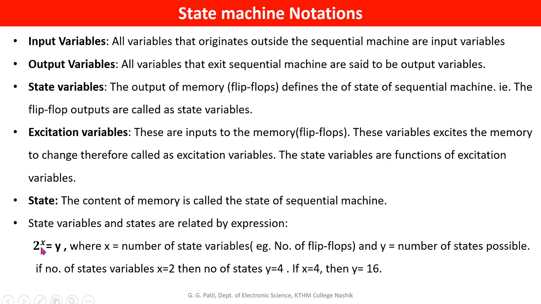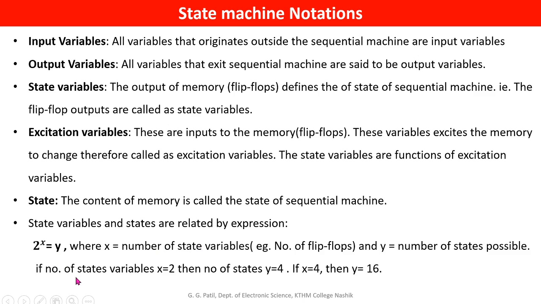The relation is 2 raised to x equals y, where x represents the number of state variables, that is the number of flip-flops actually, and y represents the number of possible states. So if there are x state variables, the number of states possible in that machine is 2 to the x equals y.